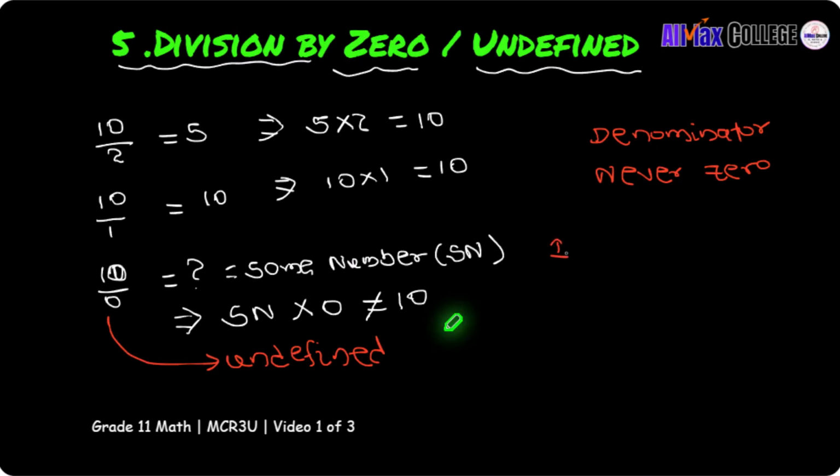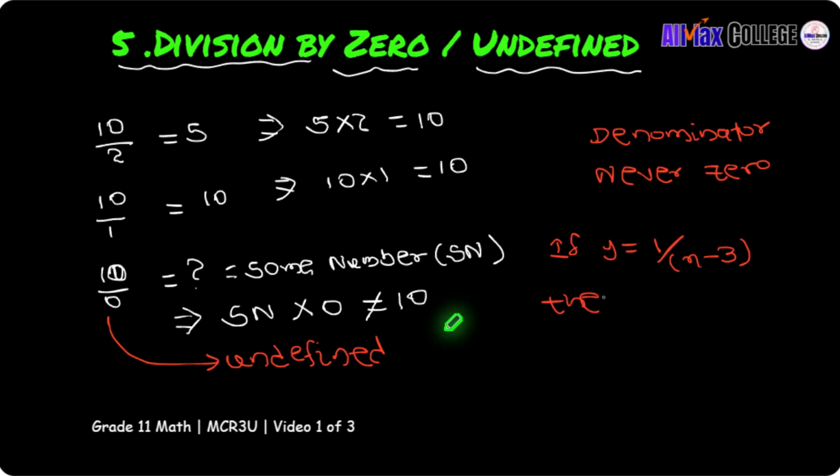If y equals 1 over x minus 3, then this should not be 0, right?